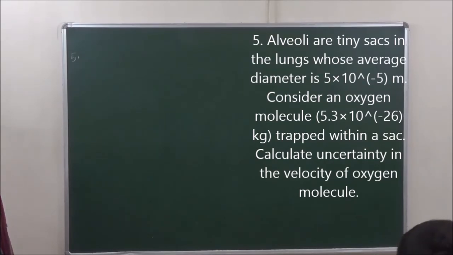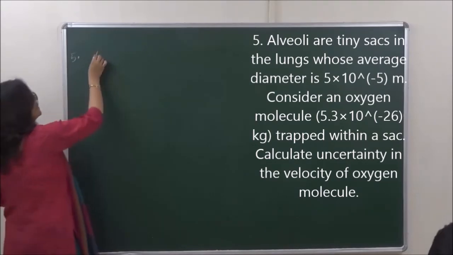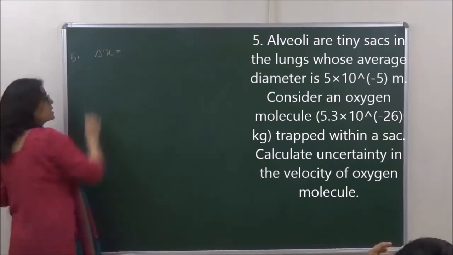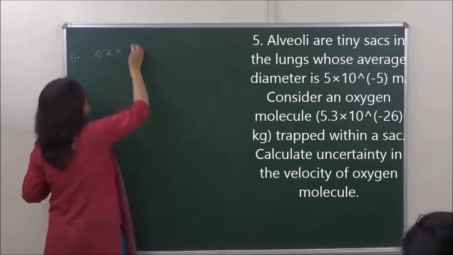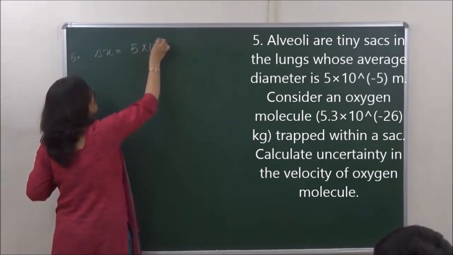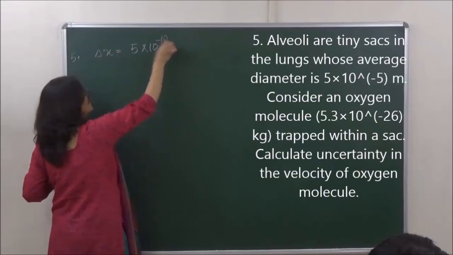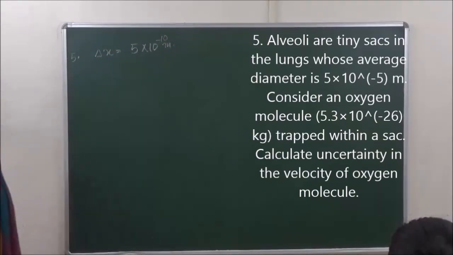Okay, so uncertainty in position over here, delta x, that will be given as what? The entire diameter of the alveoli, because that is the entire position. So that is given as what? 5 into 10 raised to power minus 10. This is what delta x is given to us.